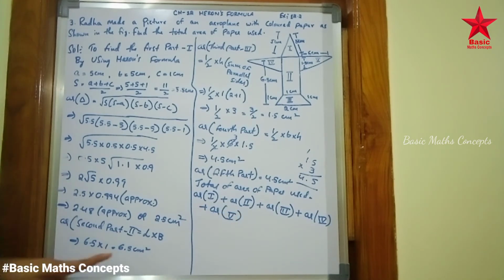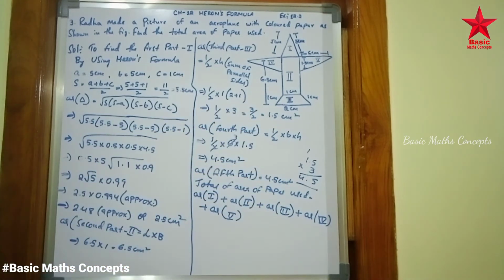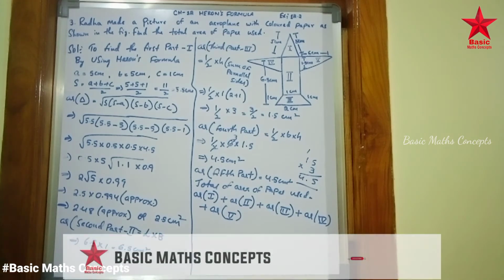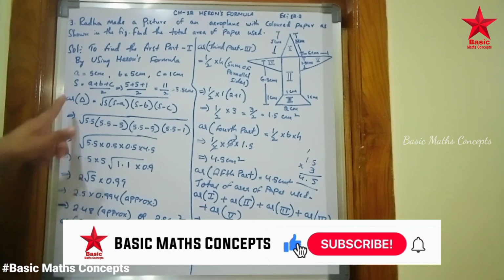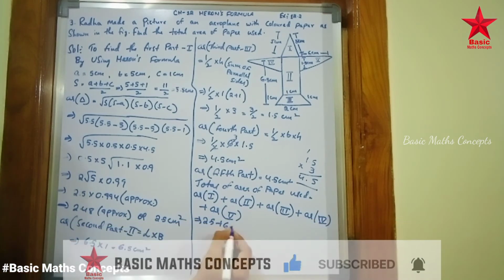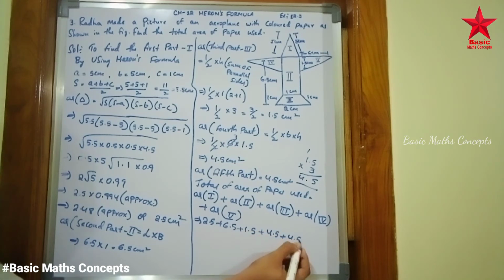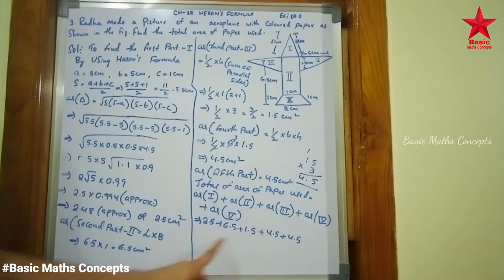Now we got the values: the first value is 2.5, the second value is 6.5, the third value is 1.5, the fourth is 4.5 and the fifth is the same, also 4.5.